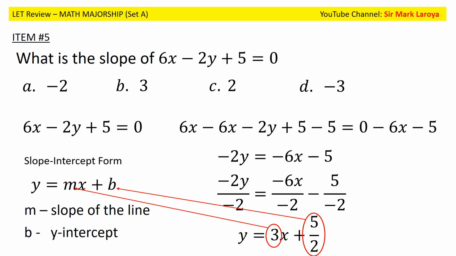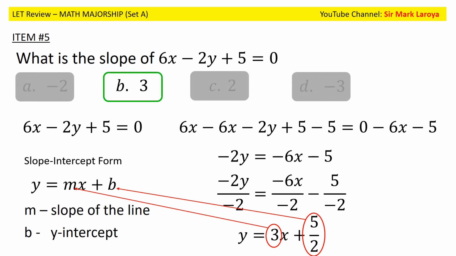Kapag drawing natin yung line na nagre-represent dito sa ating equation, yan ang magiging y-intercept. So, our answer here is letter B, 3. Yun ang slope ng ating equation na 6x minus 2y plus 5 equals 0.